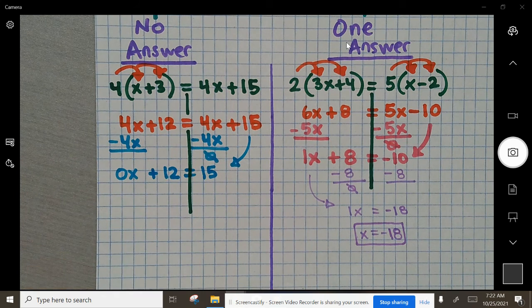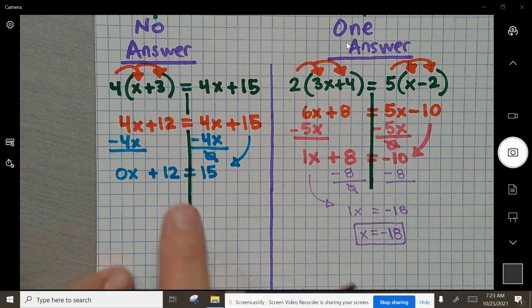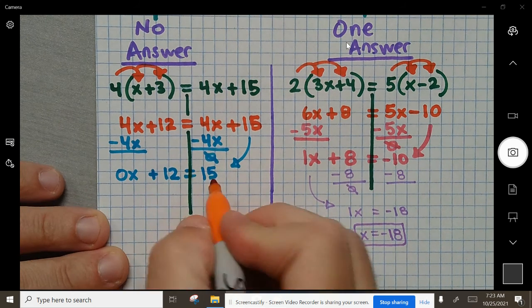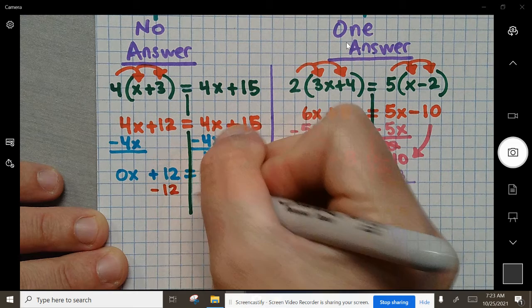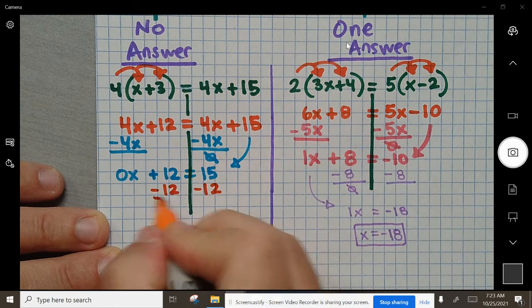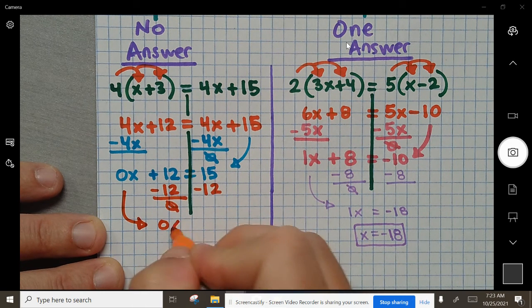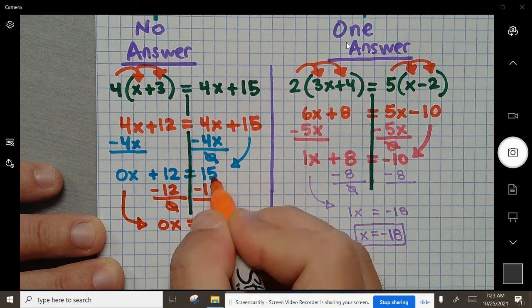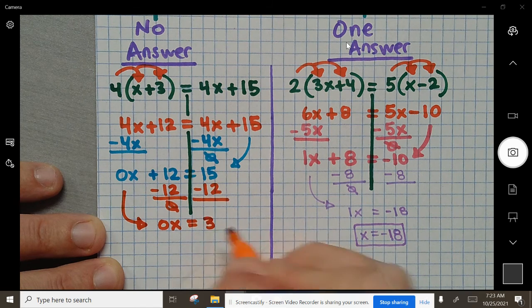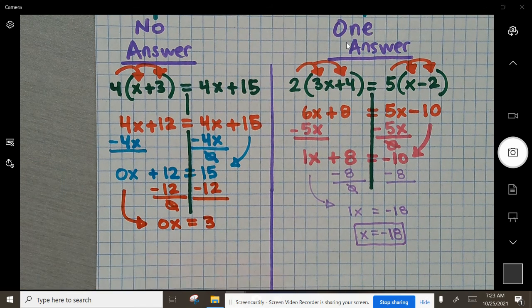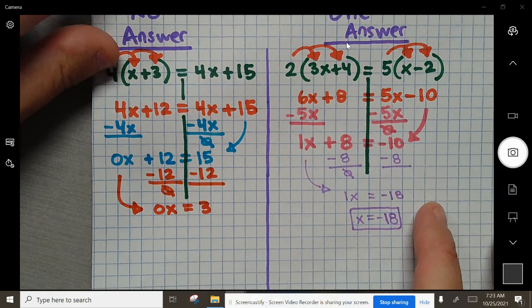Let's make sure we keep going with our skills that we know. We know now we're going to move over this 12, move over the constant, correct? Move the constant to the right. That cancels out. I'm going to bring this down. 0x equals 15 minus 12 is 3. And that is your final answer, okay? But this is where we have to start thinking.